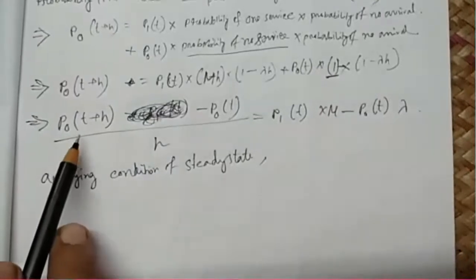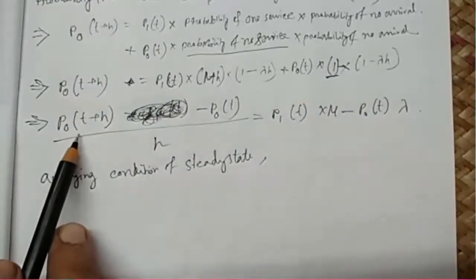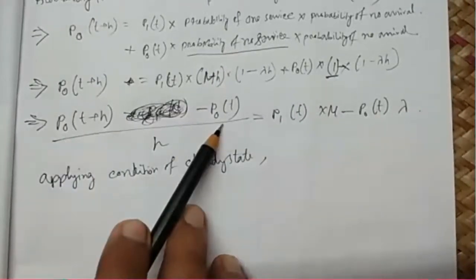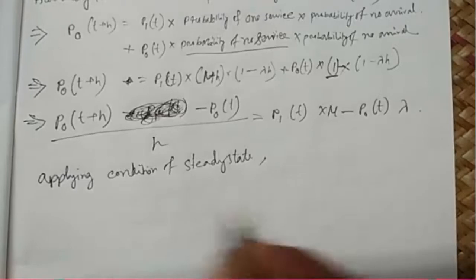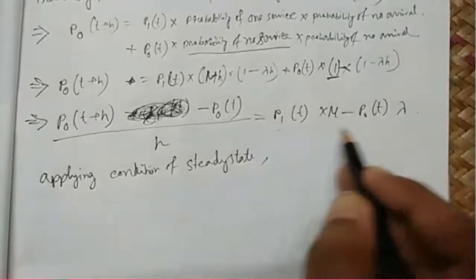So here, if this becomes time independent, this also becomes P naught, this also becomes P naught, and the left hand portion becomes 0. So what we get is this portion only, but without t's.